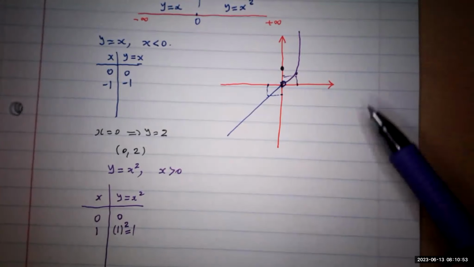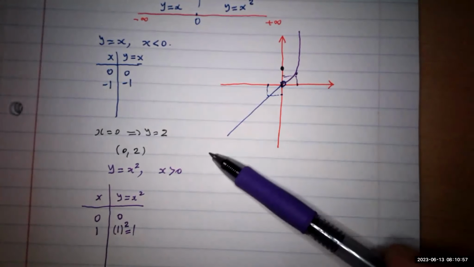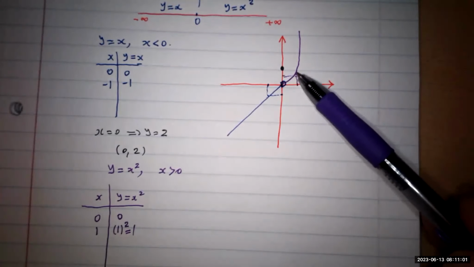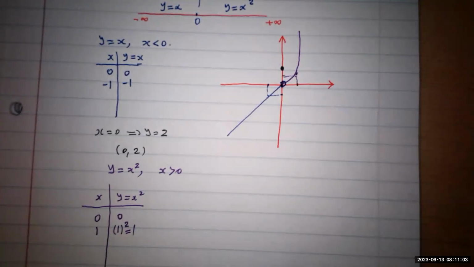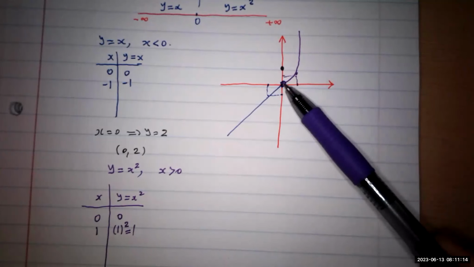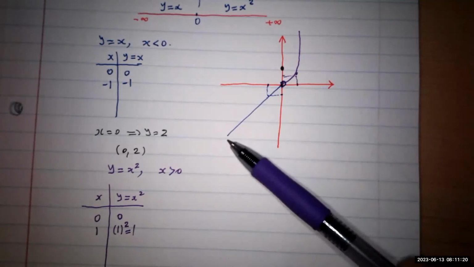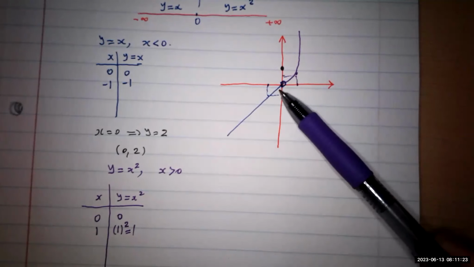So one part of the graph is going to be a straight line, and one part of the graph is going to be a curve. So this is going to be an interesting graph for us. And the reason is that when we get to 0, if you want to find the value of the function, it is not going to be found from the first part because this is empty.